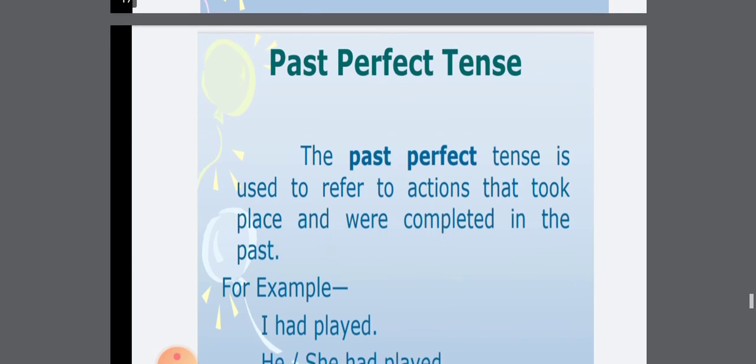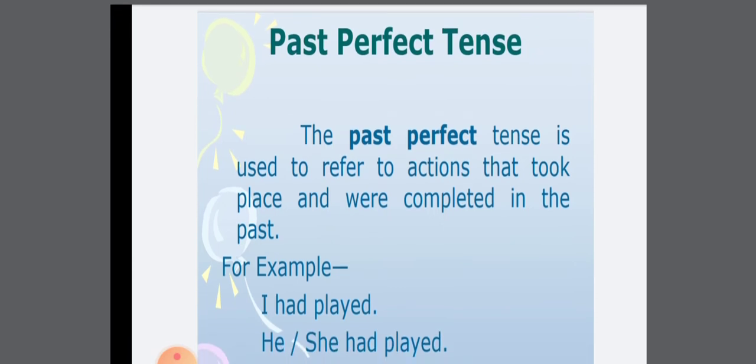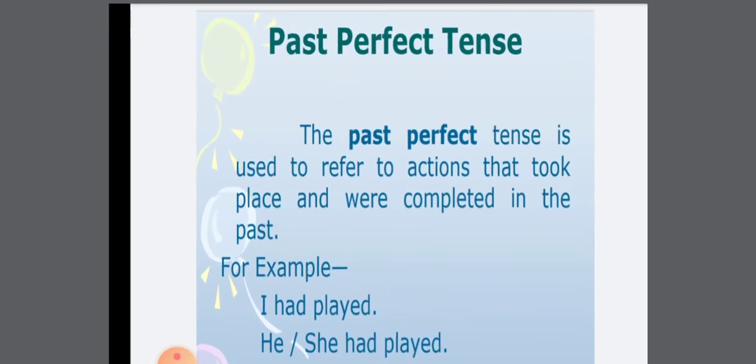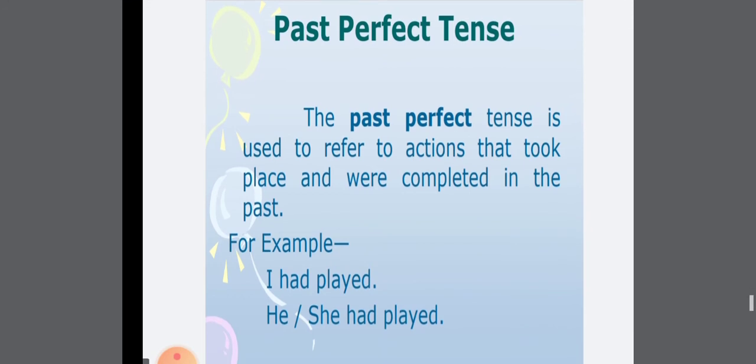Past perfect tense is used to refer to actions that took place and were completed in the past. Here I would like to add a little more. Actually, this past perfect action is always referred to an action which has completed before another action. It means what?